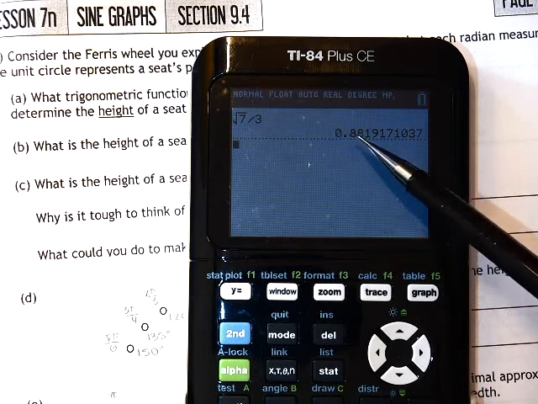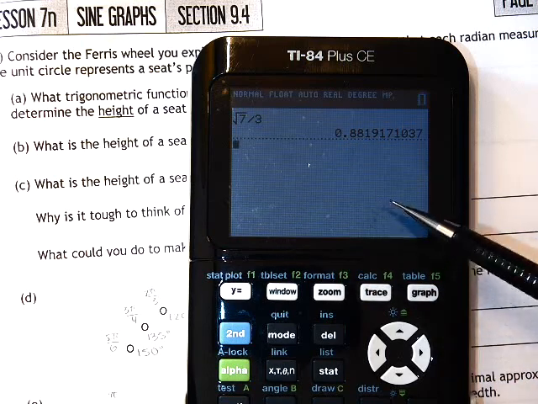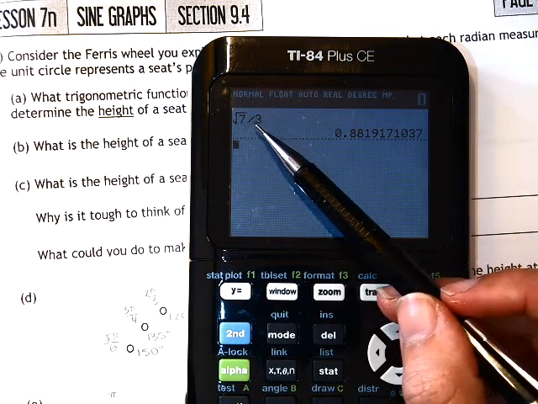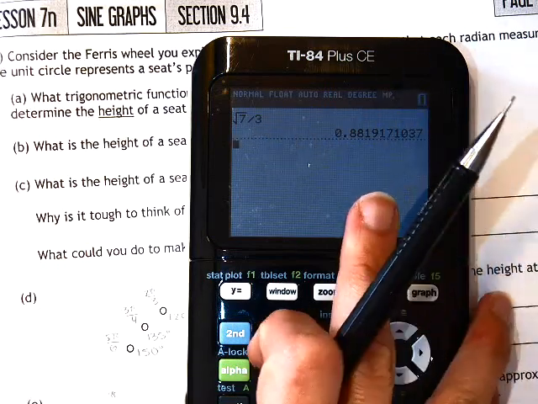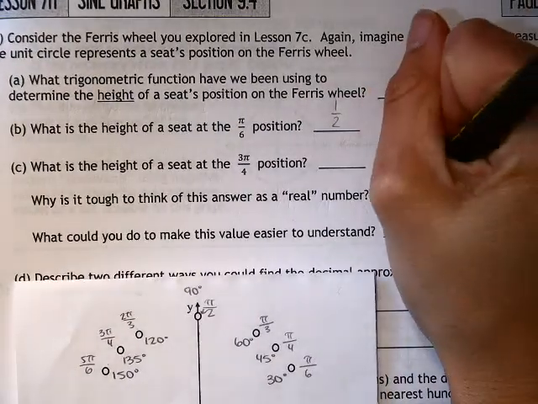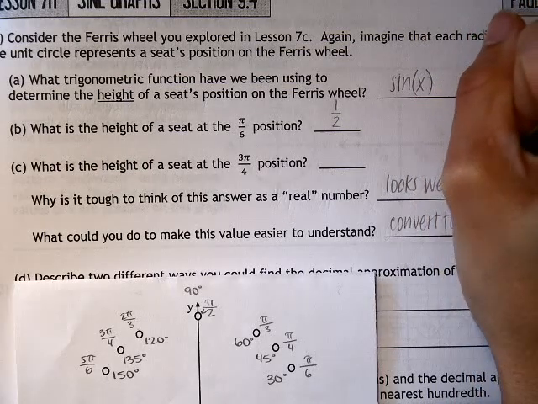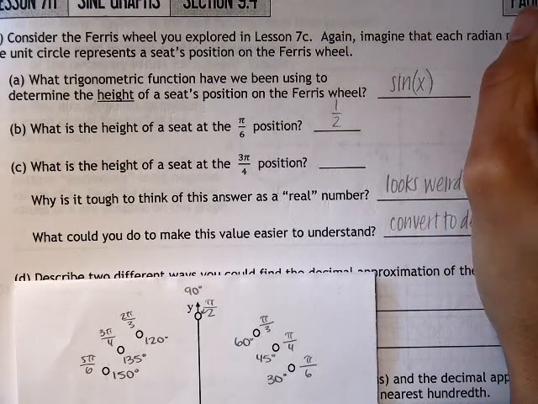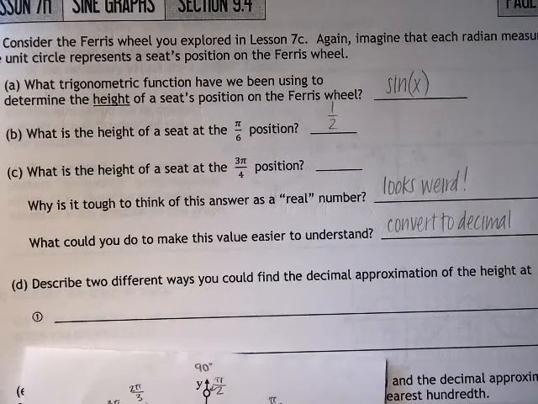Like, I can picture how much 0.88 is. If you told me to graph it, I could picture where 0.88 is on an x-axis. I can't really picture where √7/3 is. That's just not a number I can conceive of. So, in terms of making values easier to understand, consider converting to decimal form. And again, that just means type it into a calculator and let the calculator do that conversion for you.